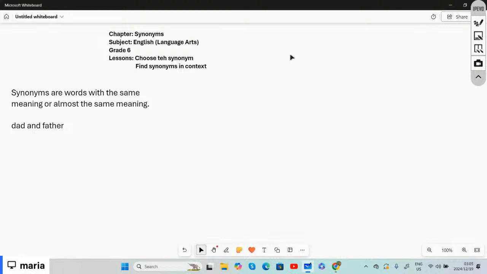The lessons that we are going to be focusing on under the chapter of synonyms are to choose the synonym, and to find synonyms in context.